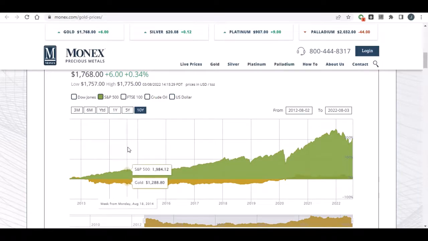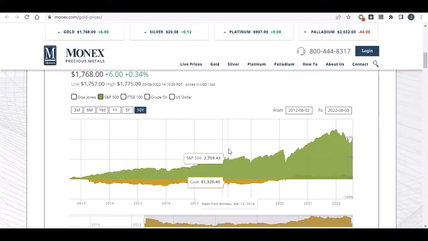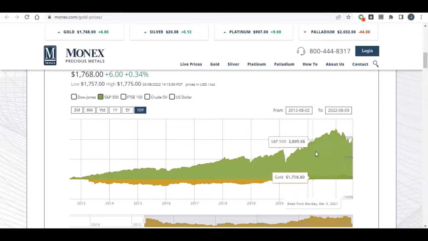So again, the S&P 500, just over a 10-year period, has performed an awful lot better than the gold price. Just look at the little percentage thing there.